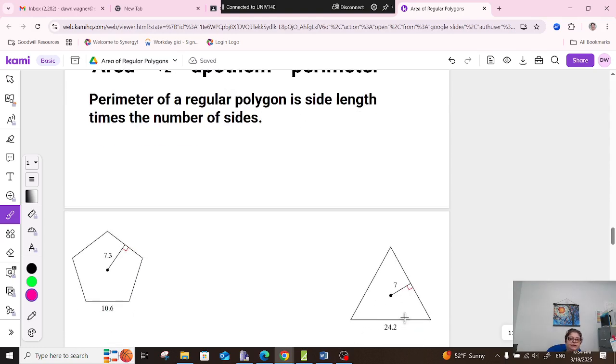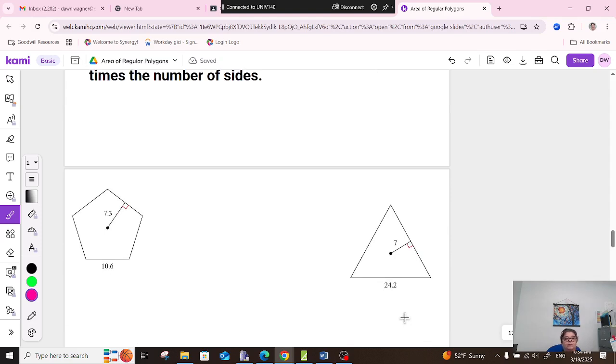No? Okay. So, if I know area is equal to 1/2 times apothem times perimeter, what is the apothem? What number here is the apothem? 7.3. It's from the center perpendicular to the opposite side.